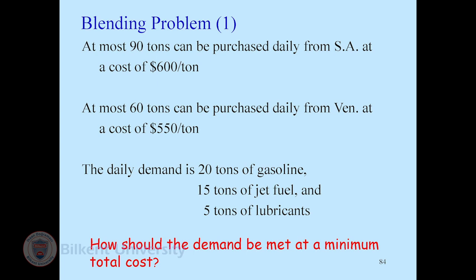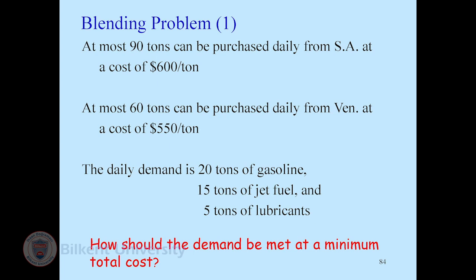The availability: I can only buy 60 tons of Venezuela and at most 90 tons of Saudi Arabia. Okay. And well, why am I doing this? Of course, the crude oil doesn't go in the market. I have to refine it.